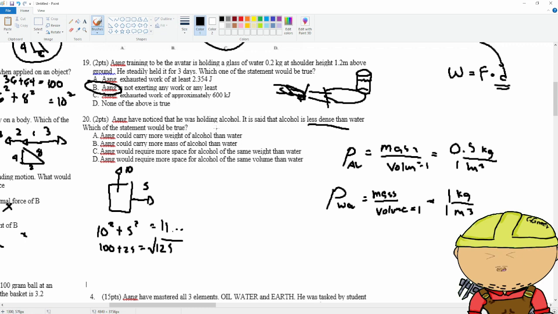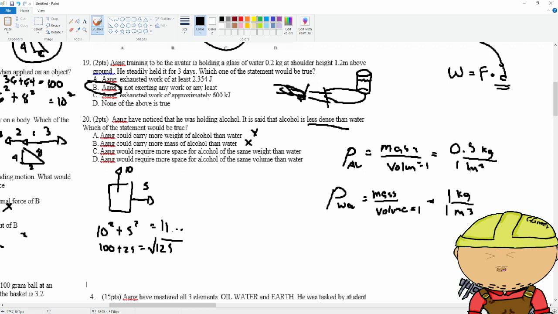Ang could carry more weight of alcohol than water? No, Ang doesn't change. Ang could carry more mass of alcohol than water? No, Ang doesn't change. If you can carry 1 kilogram of both, you can carry 1 kilogram. Ang would require more space for alcohol than water?